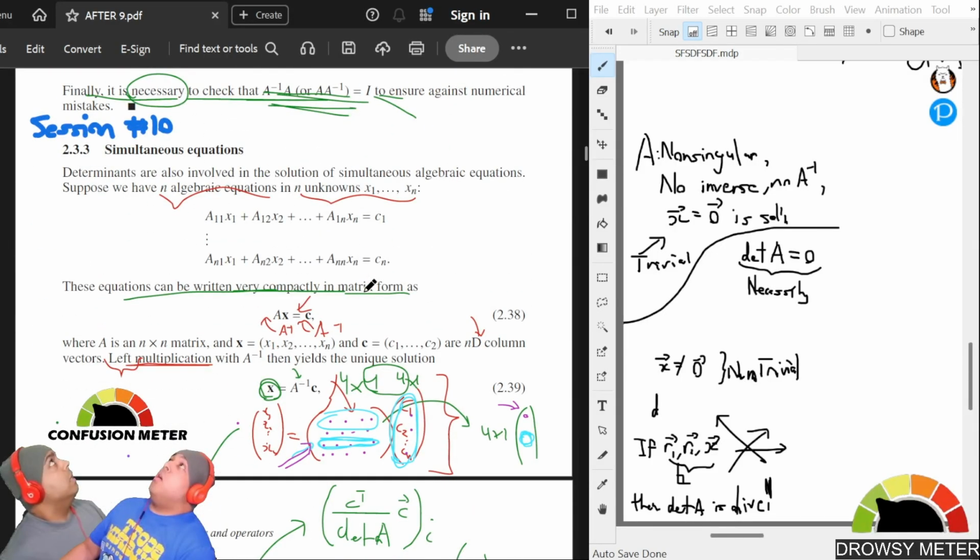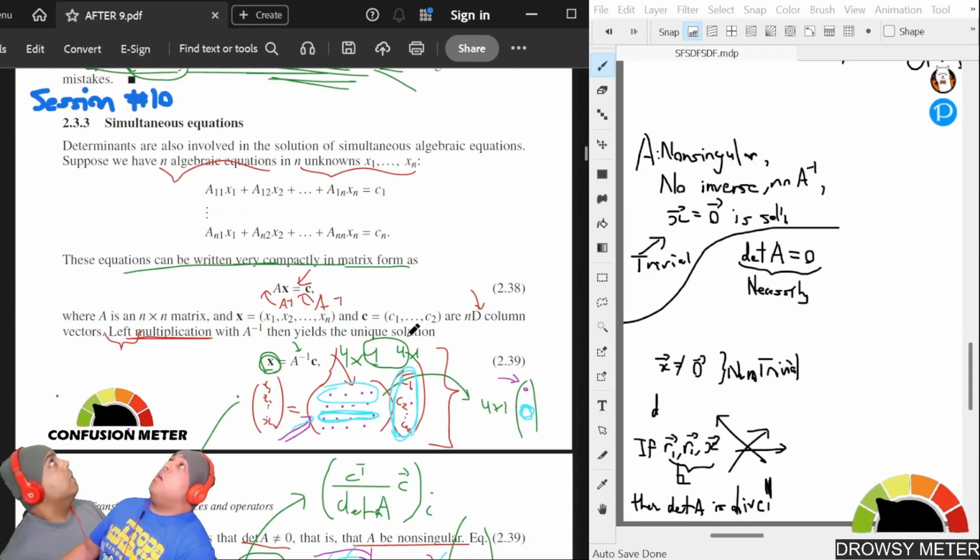Okay, I think I'll start from here. Simultaneous equations. Determinants are also involved in the solution of simultaneous equations. We have n algebraic equations and n unknowns.